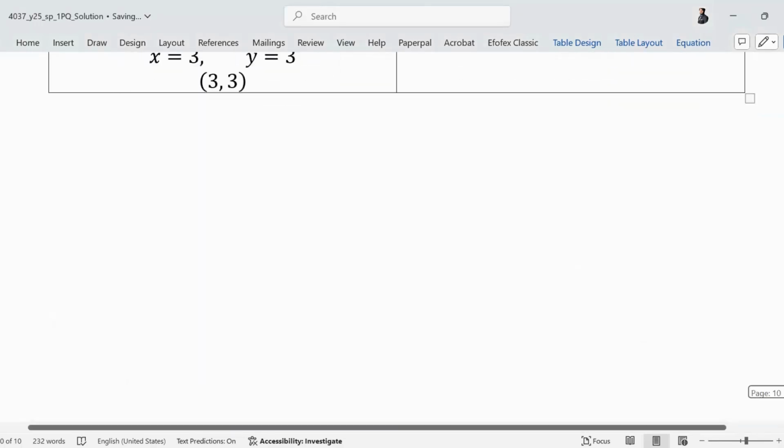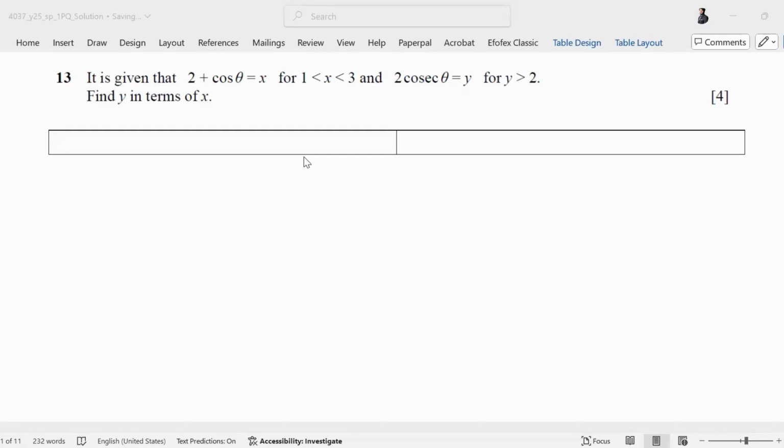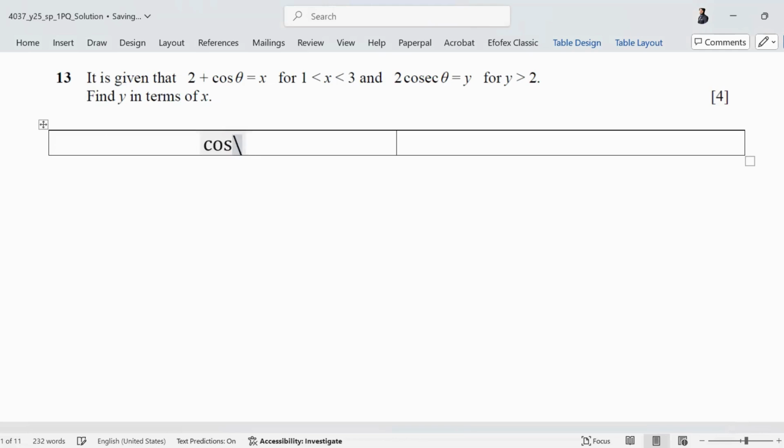Moving on to the last question of the entire paper. Question 13 says that it is given that 2 plus cos theta is x. I can simply say that cos theta will be x minus 2 then.